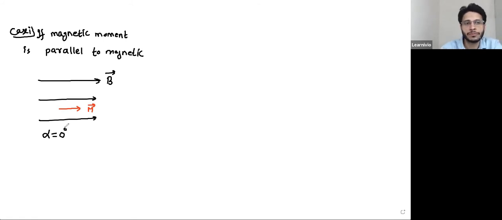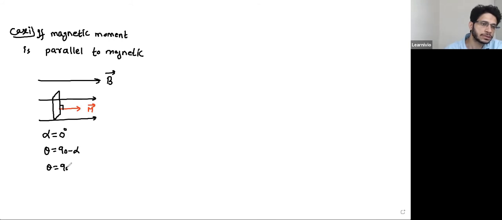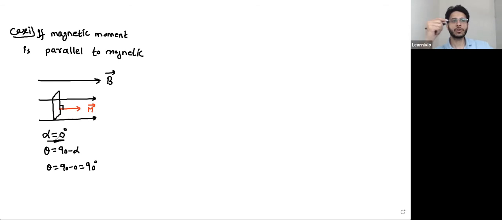Your alpha is 0. But if I look at the plane of the coil, it is perpendicular, which means theta is 90 minus alpha. So theta, which is 90 minus 0, is 90 degree. Though we have written all relations of torque in terms of alpha, always remember the relation between alpha and theta, that theta plus alpha is 90 degree.